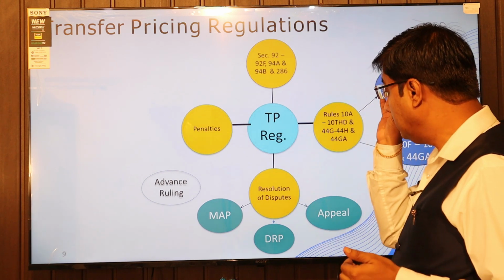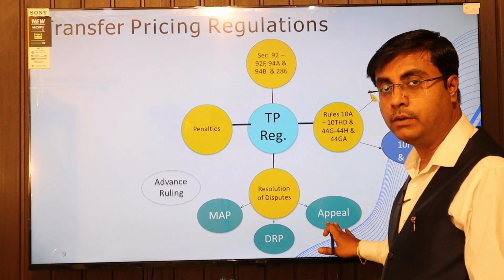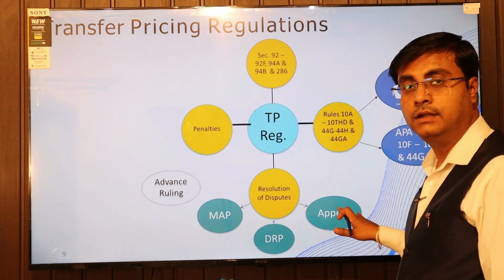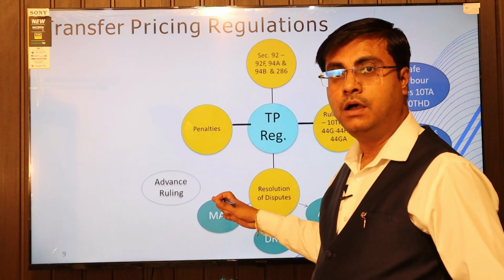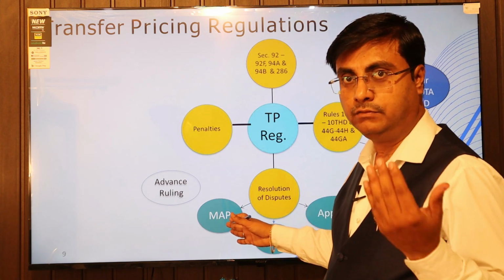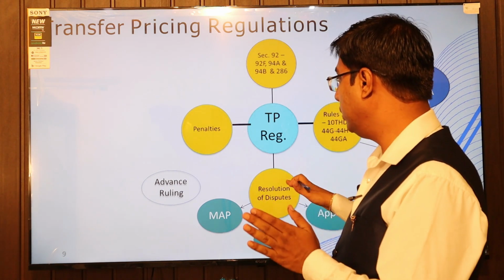If no DRP is given, you file a normal appeal to the CIT(A), and then the ITAT. MAP, as per the treaty with the respective country, you can approach the competent authority to resolve your dispute.